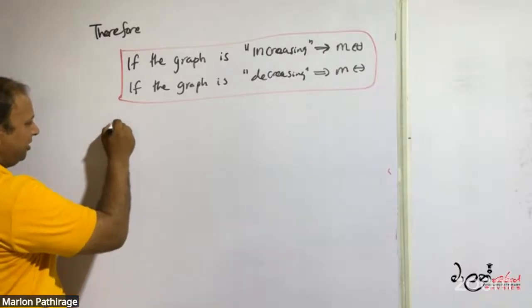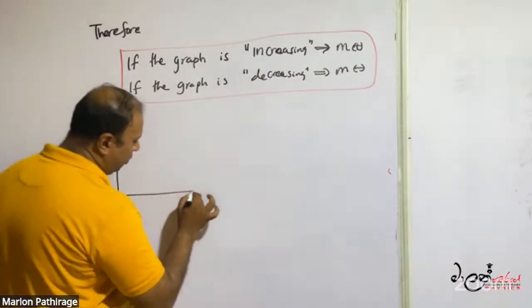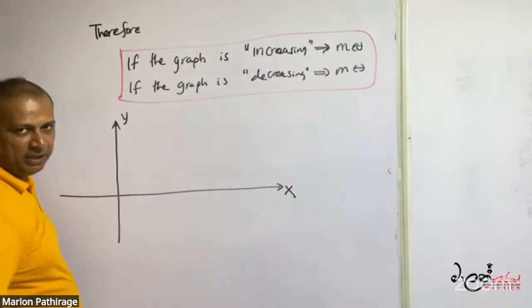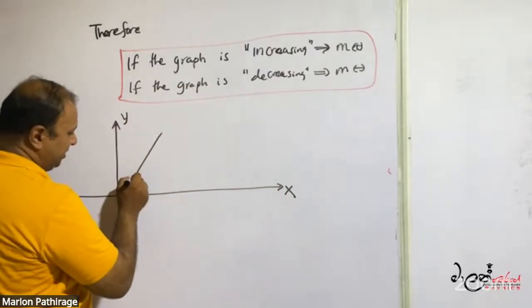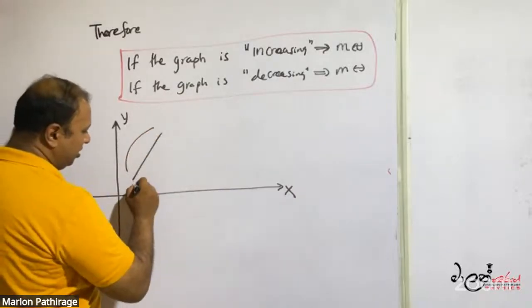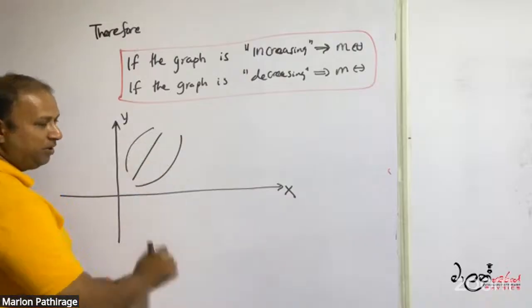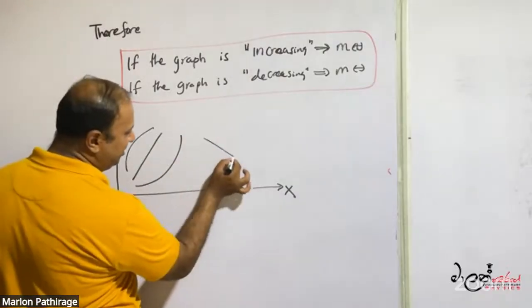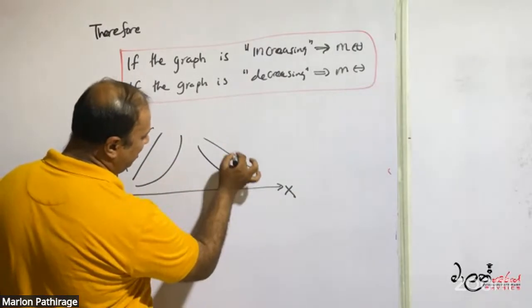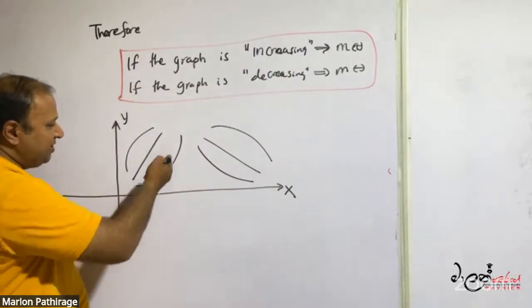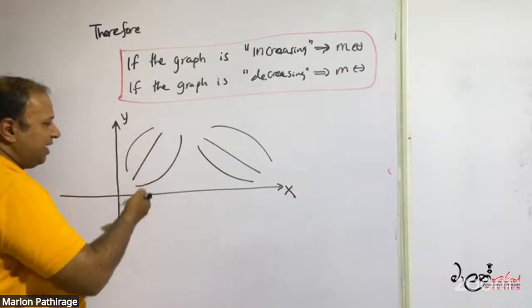No matter where the coordinate is, this is the first set. Okay? So this is the second set. Therefore, this one is increasing. Those graphs are increasing.